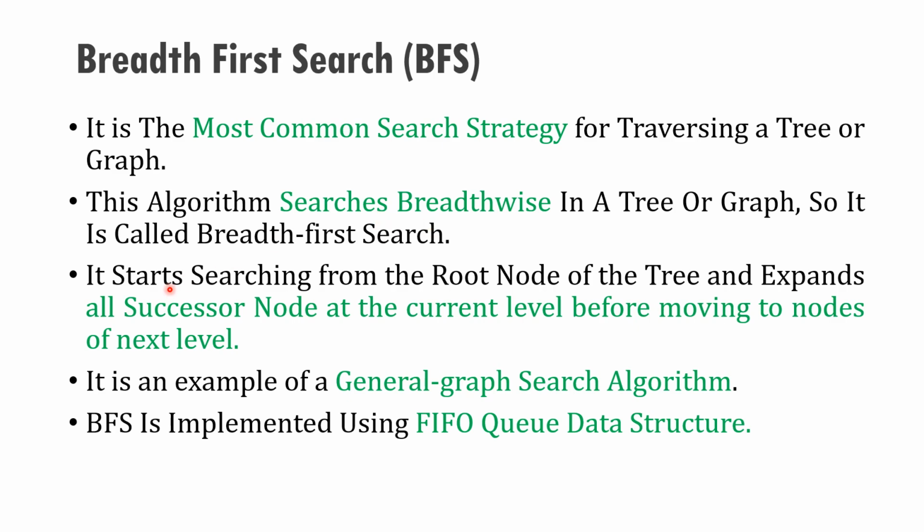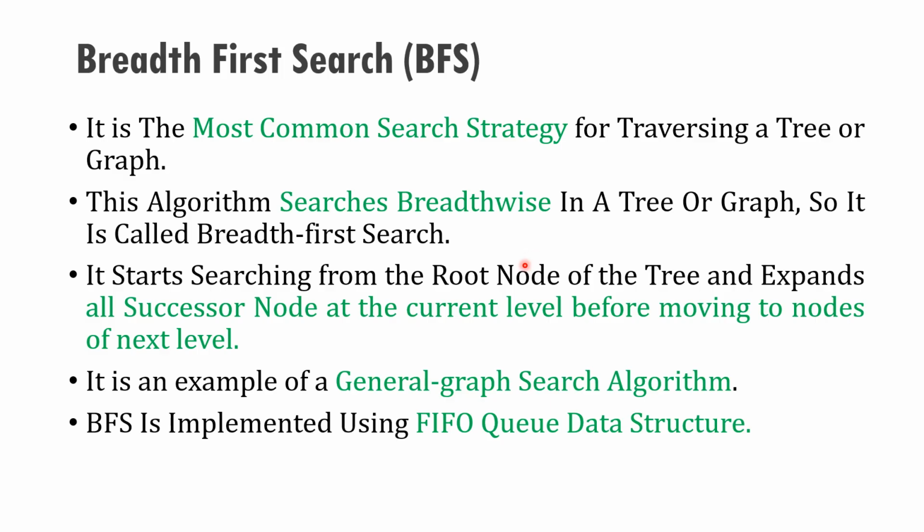It starts searching from the root node and expands all successor nodes at the current level before moving to the nodes of the next level. Another name for it is level by level searching.